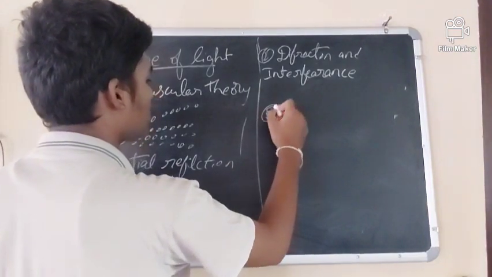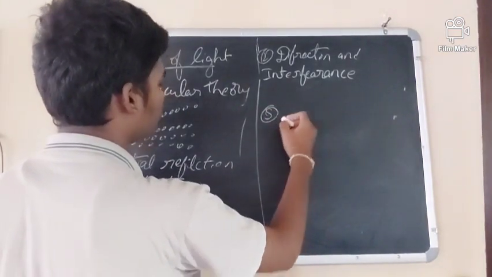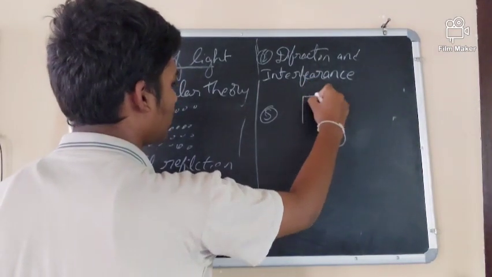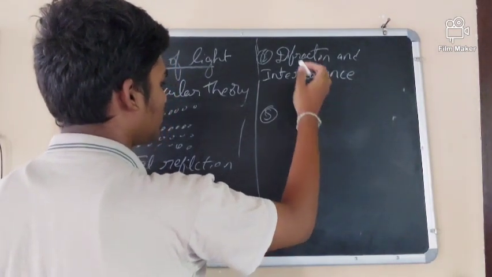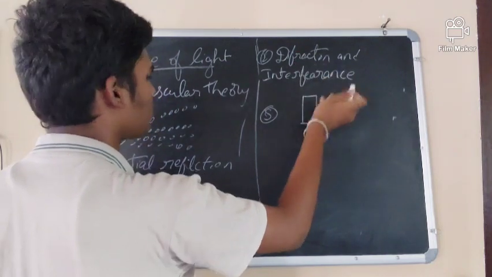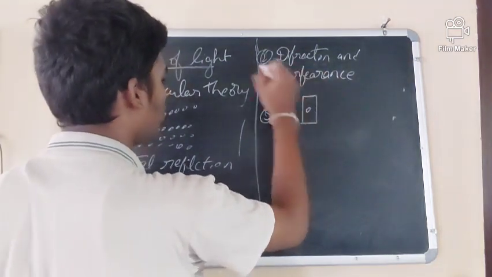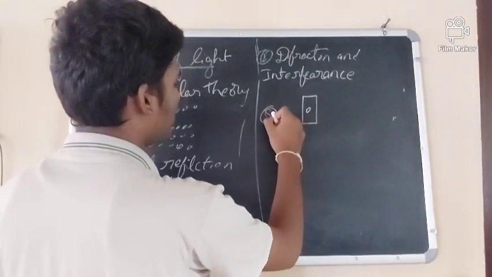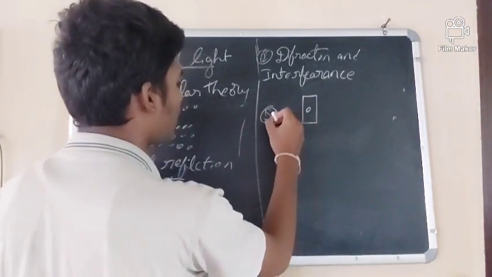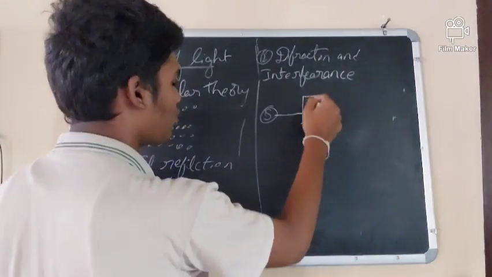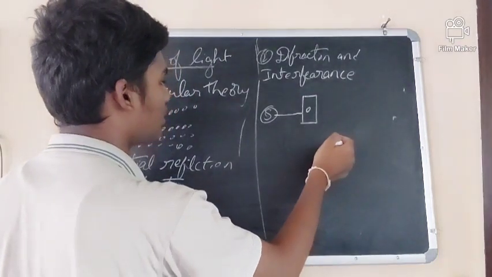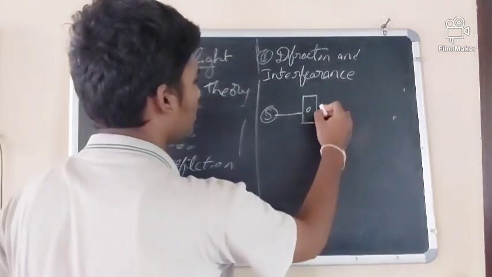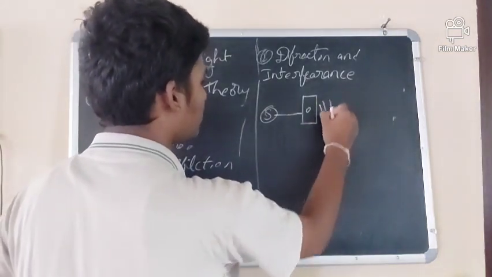When we take a source of light and a small thing with a hole, and we pass a ray of light through the hole, it goes straight, but the light is expanding.